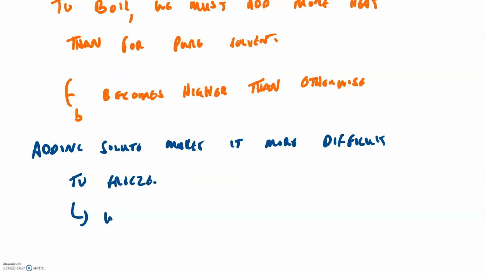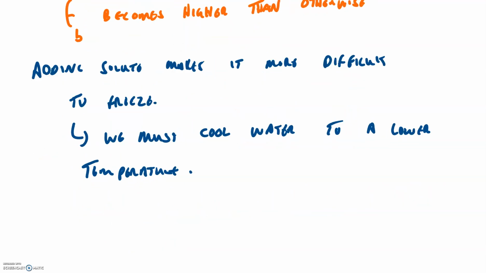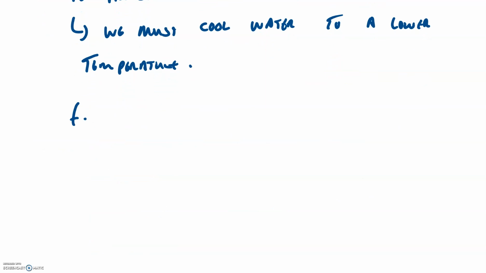This means we must cool the water to a lower temperature. And for our purposes, in this case, what that means is that the normal freezing point, what we're going to call TF, becomes lower than otherwise.